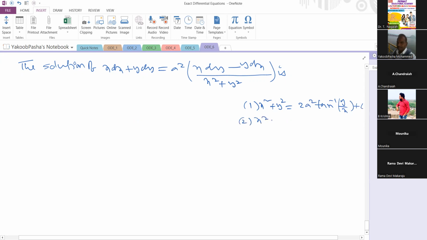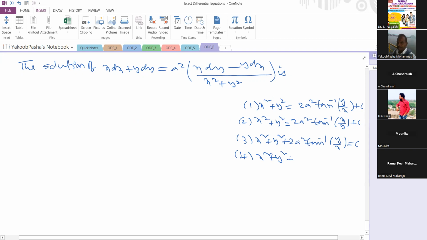Second option, x square plus y square is equal to 2a square tan inverse x by y plus c. And the third option, x square plus y square plus 2a square tan inverse y by x is equal to c. And the fourth option, x square plus y square plus 2a square tan inverse x by y is equal to c.